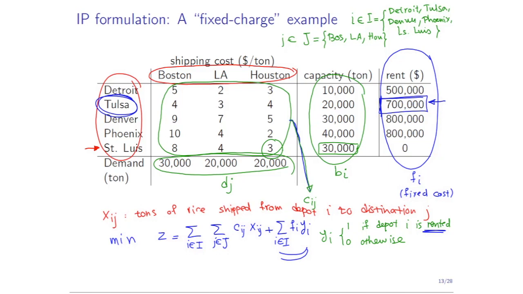Note that now we have to link these values to these values, because there is a logical relation between renting a place and the operational level that you will have at that place. So what I'm saying is that the most crucial part is not defining the integer variables, but it is linking the integer variables to the continuous variables that I'm going to show you next.